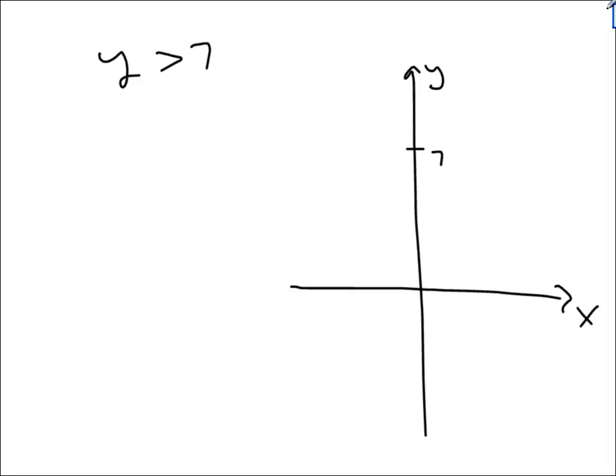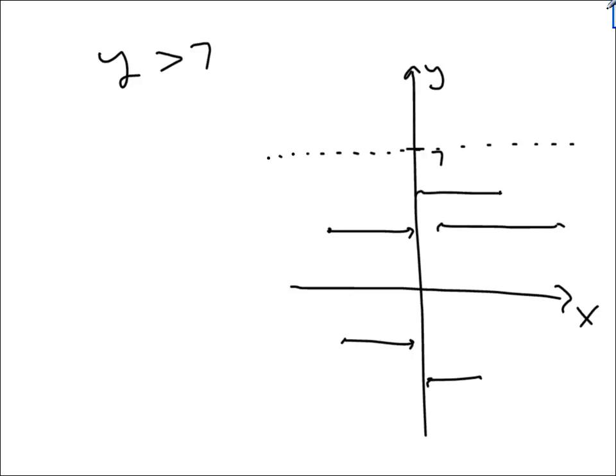Here is where y is 7. Every point below is y less than 7. And I know it is, because when I look to the y-axis, I'm getting numbers below 7. These y values are all below 7.